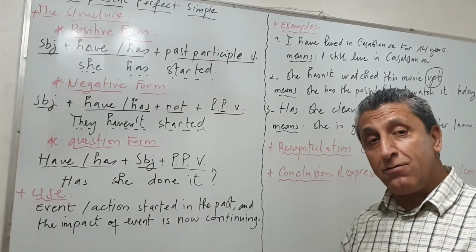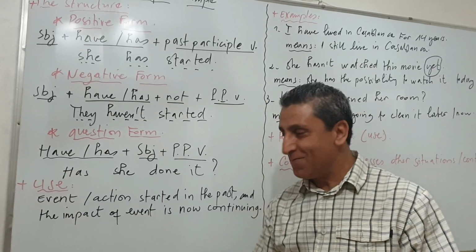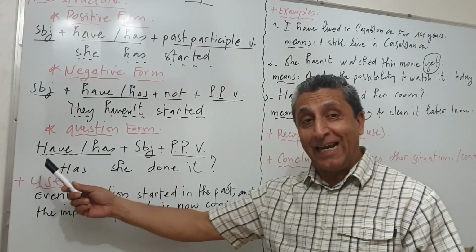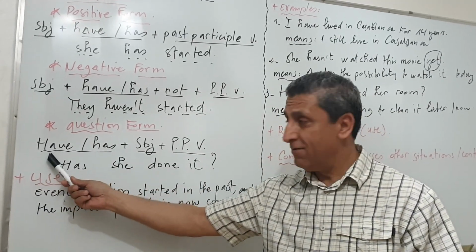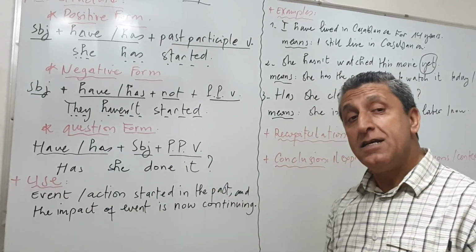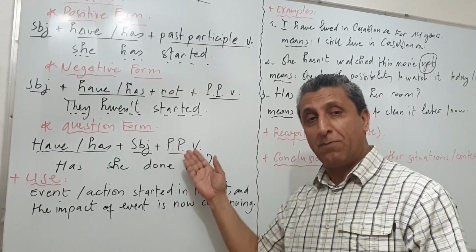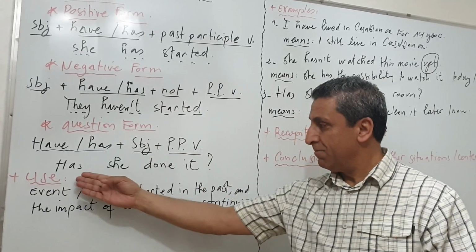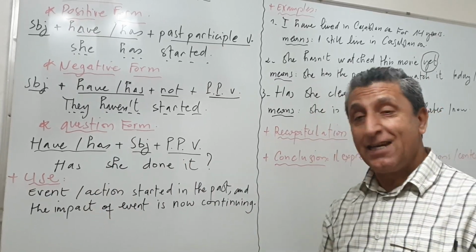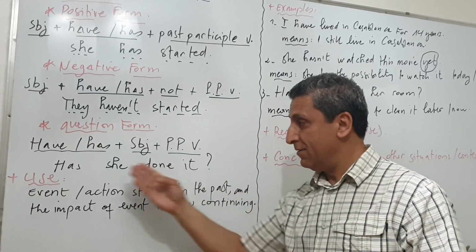Good. Now, the question form or the interrogative form. The structure is have or has, the verb to have, plus subject, plus past participle of the verb. Has she done it?